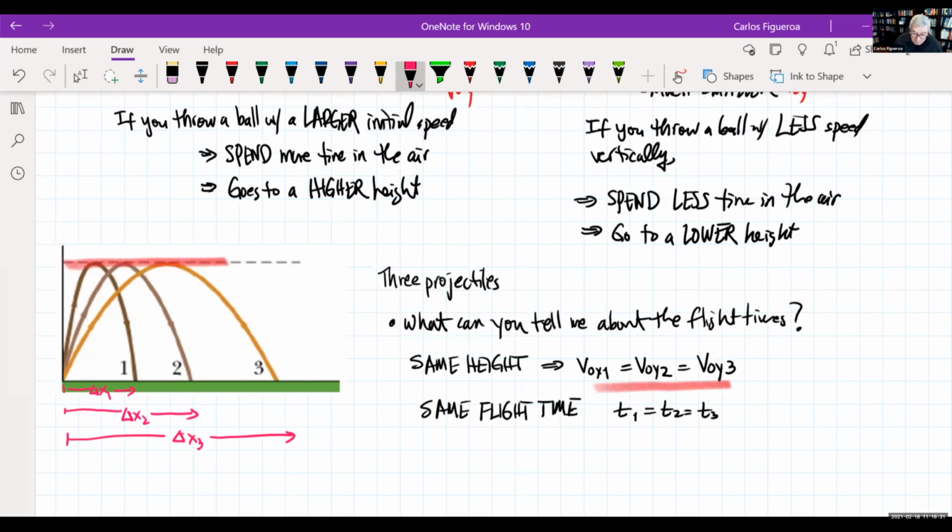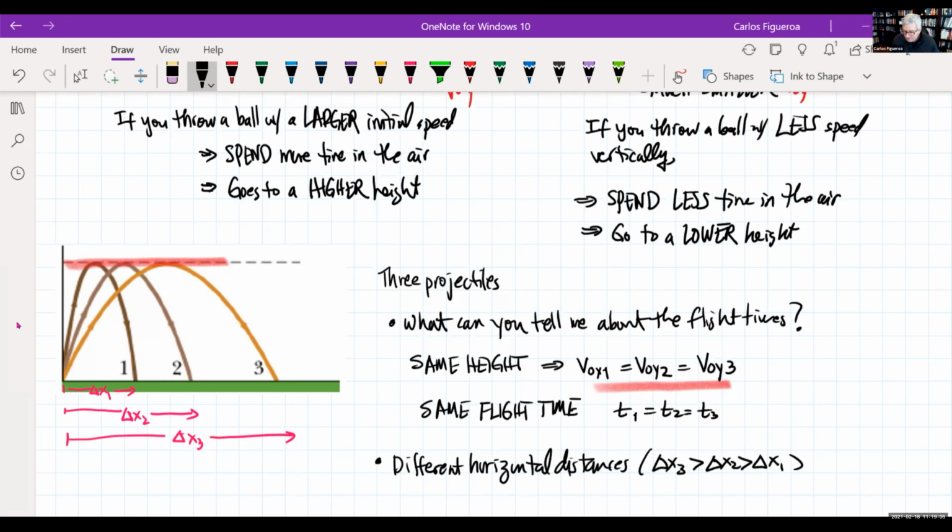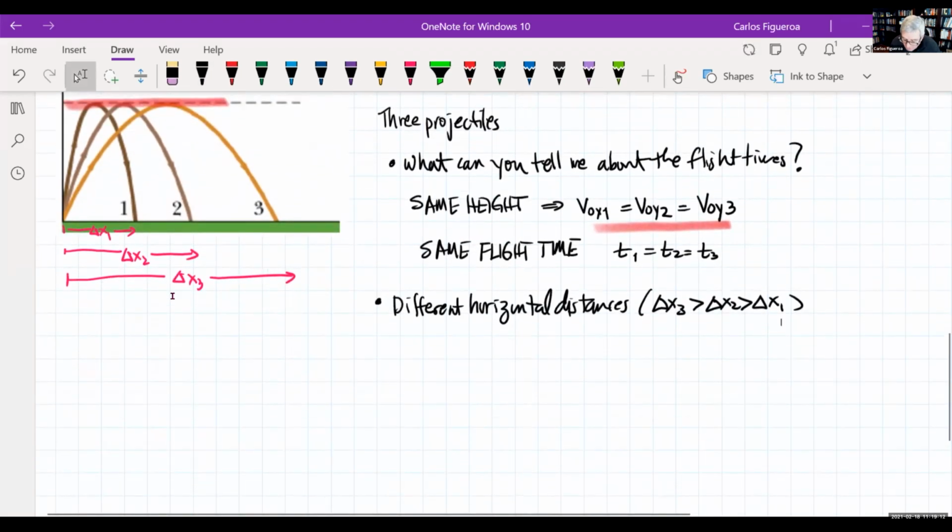So what this tells me is that if I look at my picture, just by looking at these distances, because we have different horizontal distances, this implies that the only way to have a larger horizontal distance is that we must have different initial x components.